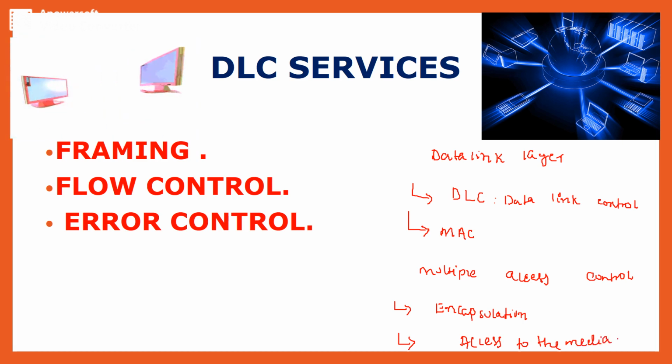So in short, we can conclude that the data link layer has two sublayers. The first one is DLC and the second one is MAC. The major functionalities of DLC are framing, flow control and error control, and the major functionalities of MAC are encapsulation and access to the media.